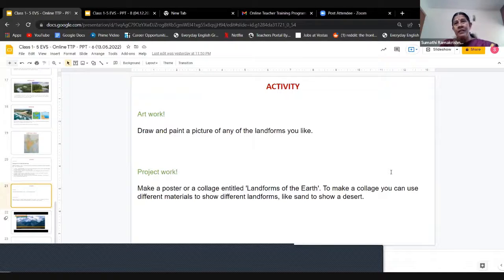Based on that, you can ask them to identify what type of clothes they wear, what sort of climate is there. Based on your content, you can change your activity also. So these are the major things. Either you can draw a picture or make a model or a collage or speak about it. This is what we can do about this.